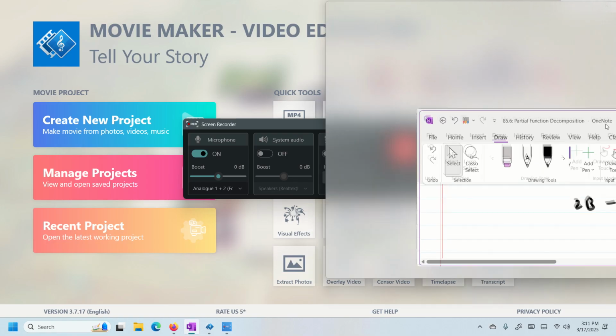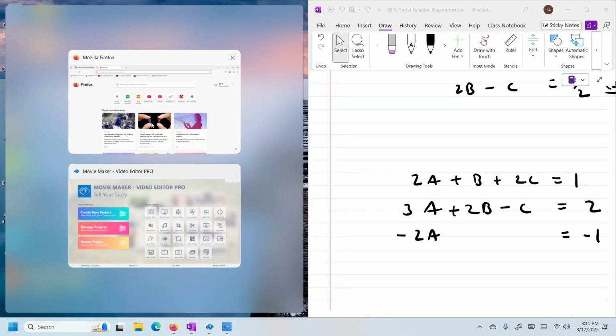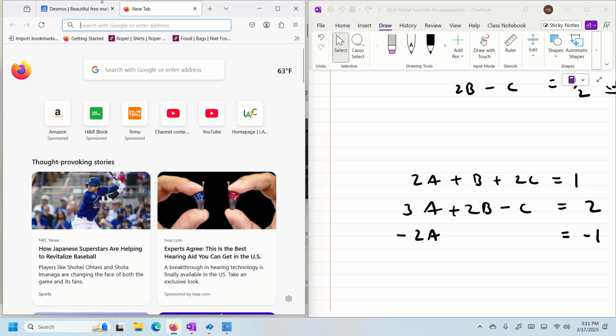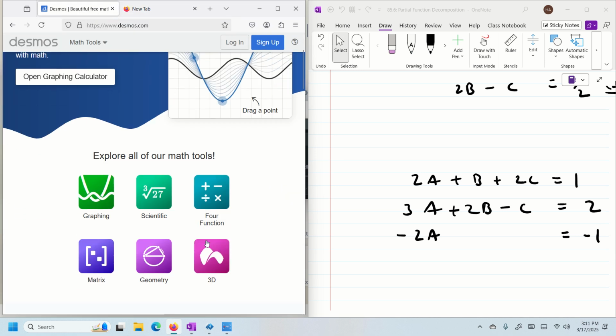And we can carry it over to our Desmos interface. We can click on the matrix tab here.